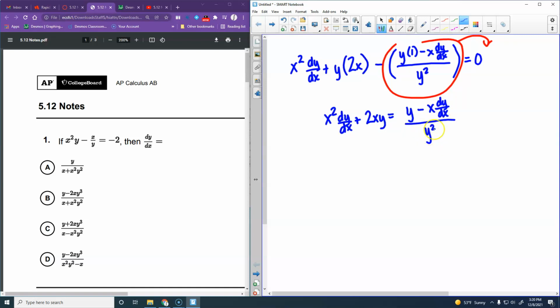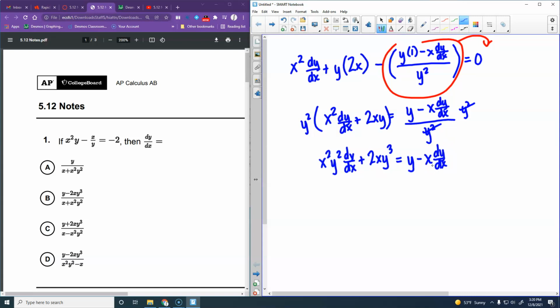And where I've got this y squared right here, I can multiply both sides by y squared. So that's going to give me x squared y squared dy dx plus 2xy cubed. And it will equal, these will cancel, so we'll just have y minus x dy dx.